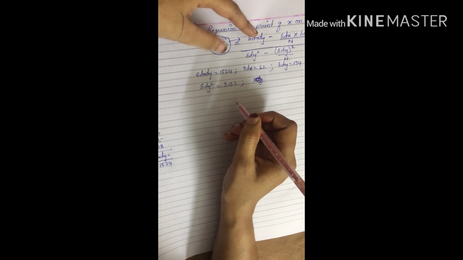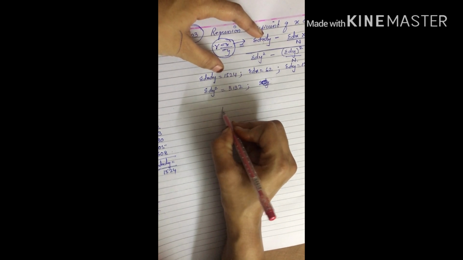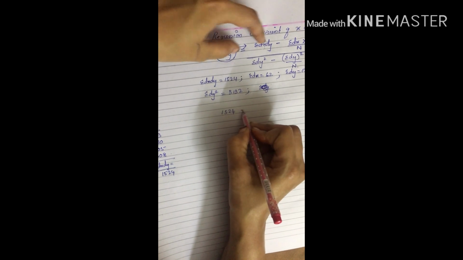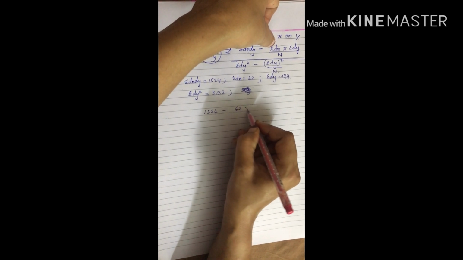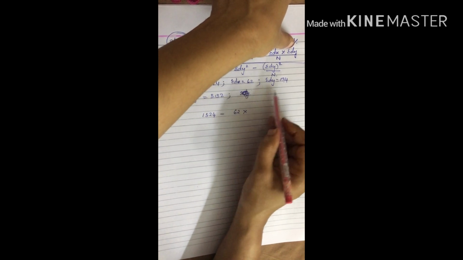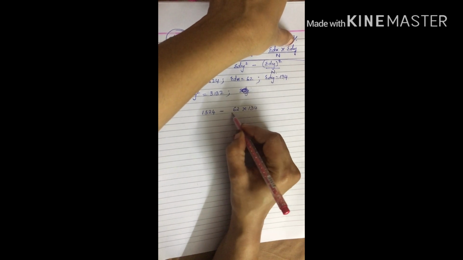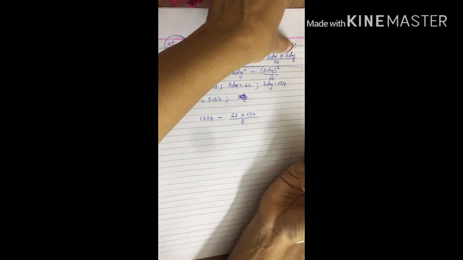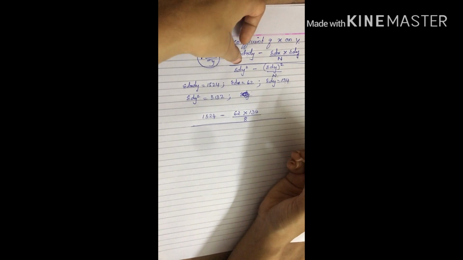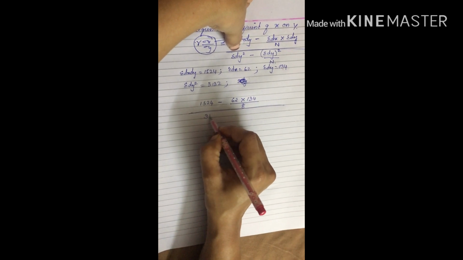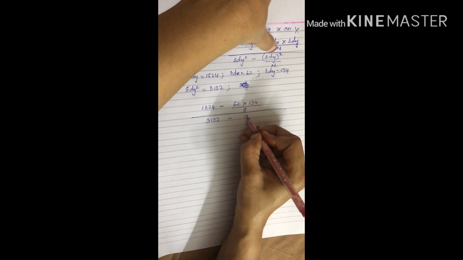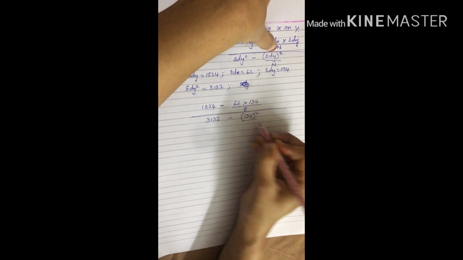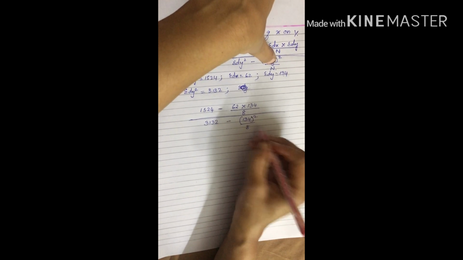So now substitute this in the formula. Sigma dx dy is 1524 minus, as it is, sigma dx is 62 into sigma dy 134 by n, number of observations, 8, by sigma dy square 3132 minus sigma dy whole square by n, the number of observations.